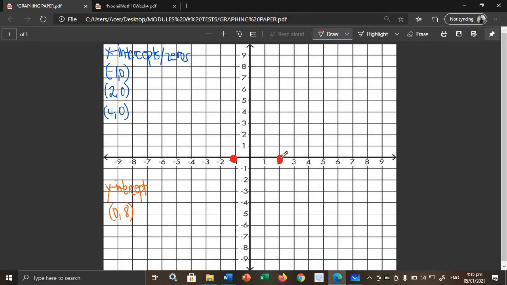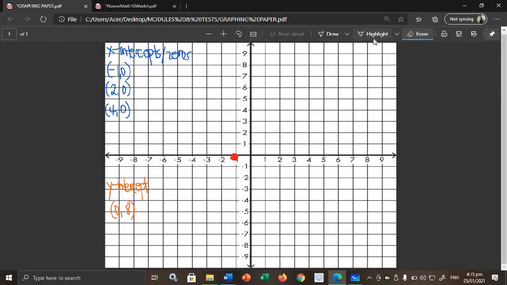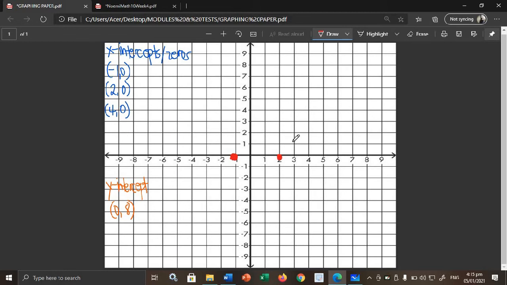We have 2. We have 2 and 0, and then we have 4 and 0. So, yan yung mga graph ng, plot lang.